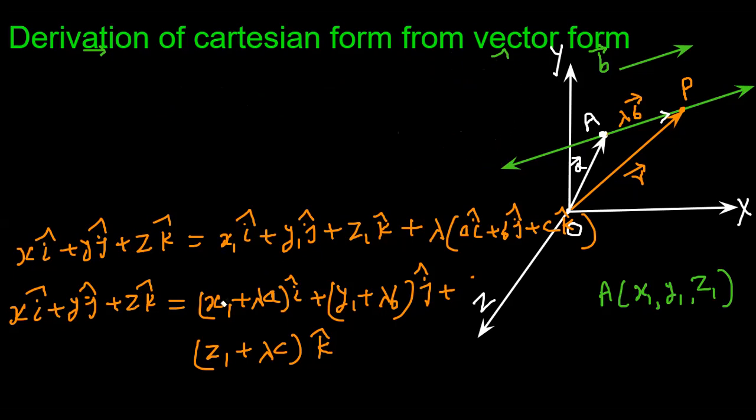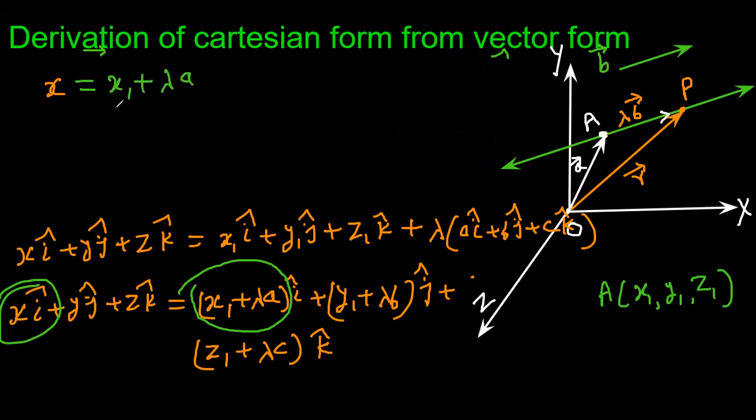Yes, that will give us x is equal to, see the coefficient of i cap here and the coefficient of i cap here. So x is equal to x1 plus lambda a. Can you find the value of lambda from there? Of course, yes. So we get x minus x1 divided by a is equal to lambda.